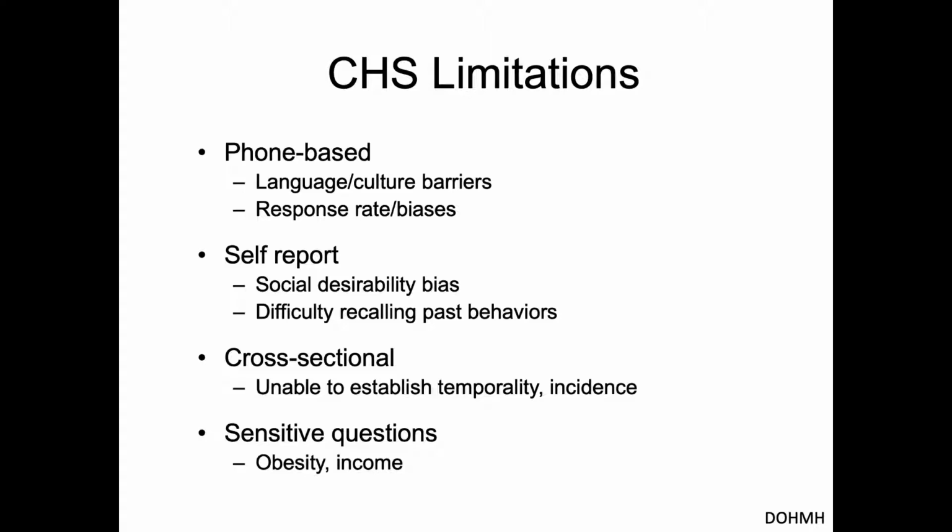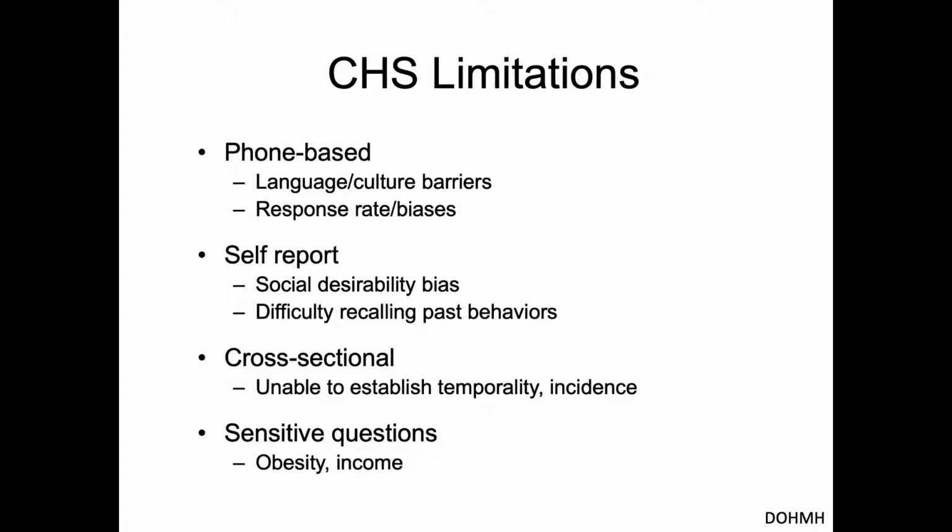Since it is a cross-sectional survey, similar to other surveys we talked about, you are unable to establish temporality, so you can't determine if a risk factor actually led to a disease. You can only look at the association between the two, and you can only look at prevalence and not incidence. And there are some sensitive questions that may be more susceptible to bias.